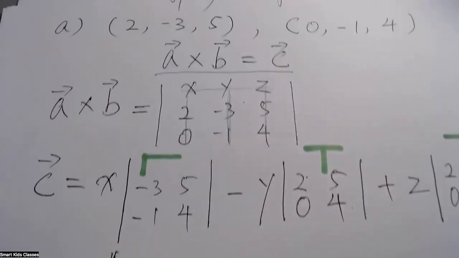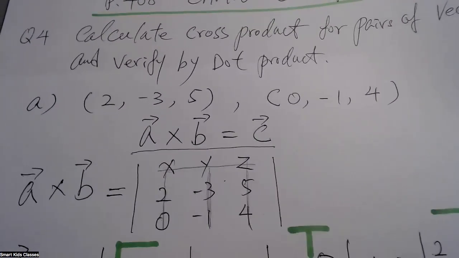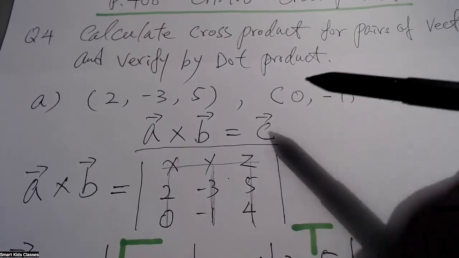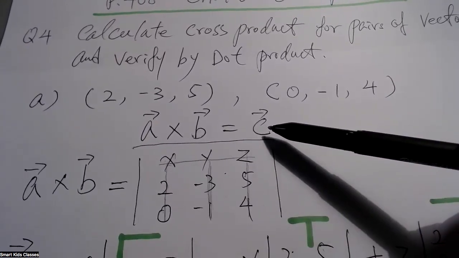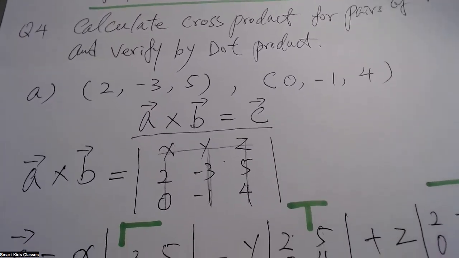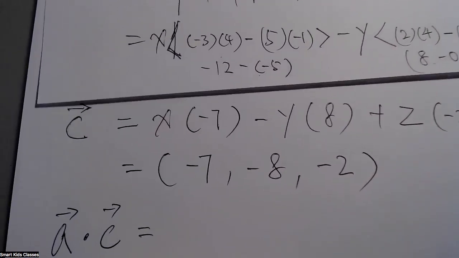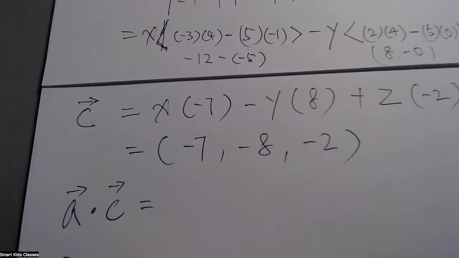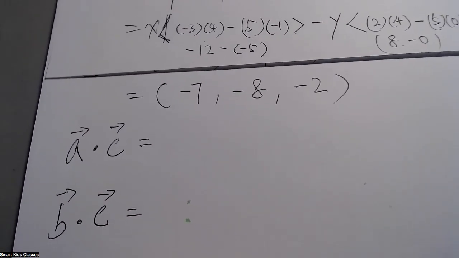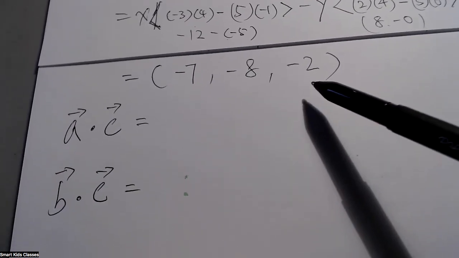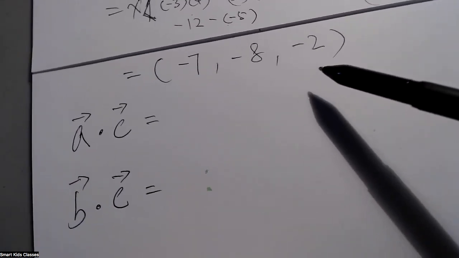Now the question asks to verify the answer by dot product. We use vector A dot the cross product vector C. We must prove it equals 0 to prove the vector product is correct.